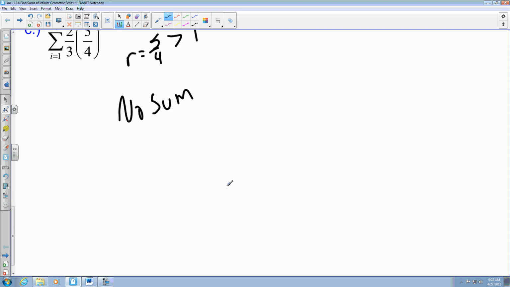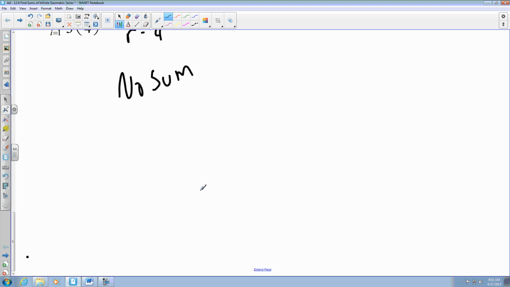Last thing, I didn't have it in the notes, but you will have some questions on it in your homework: you're going to have to be able to write repeating decimals as a fraction. So, for example, say I had 0.4 repeating, and I wanted to write that as a fraction. Here's how I want you to solve this.